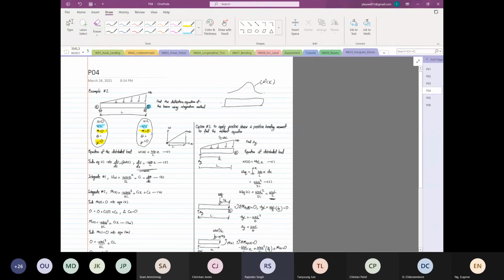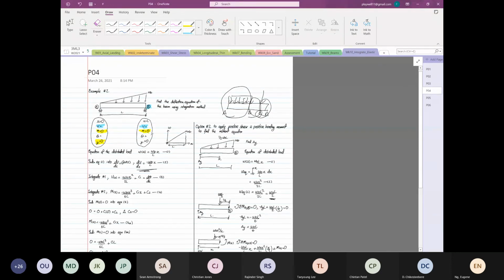So if the load is not continuous, it is like this: point A, point B, point C, point D. Now you have to have functions with limits between A to B, B to C, and C to D.